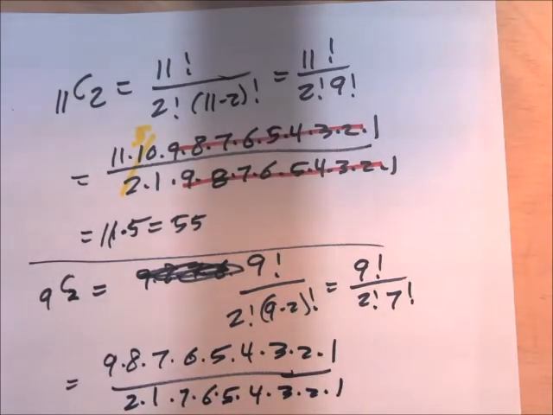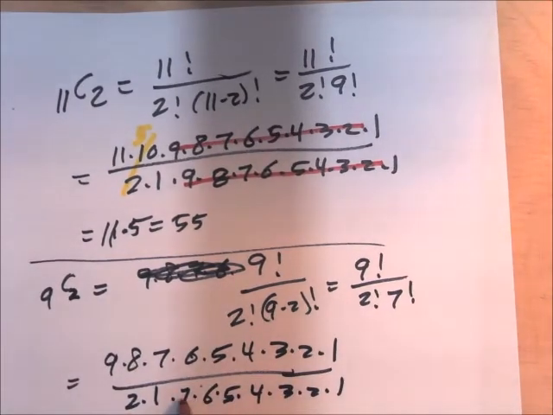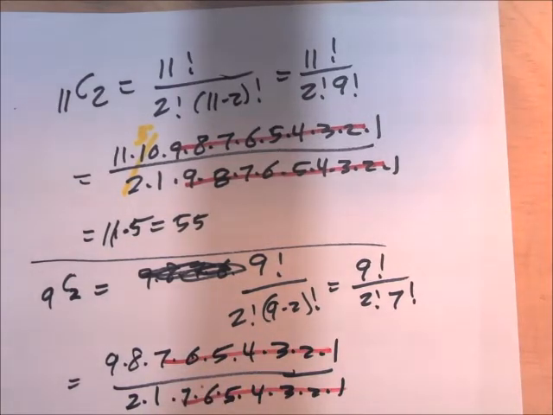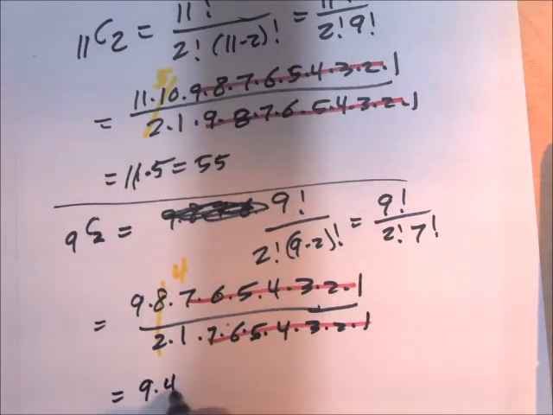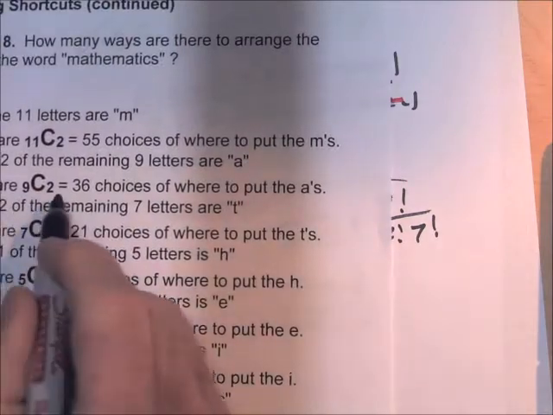And 7 on down will cancel. 2 into 8 goes 4 times. What's left is 9 times 4, which is 36. Okay, that's 9 choose 2.